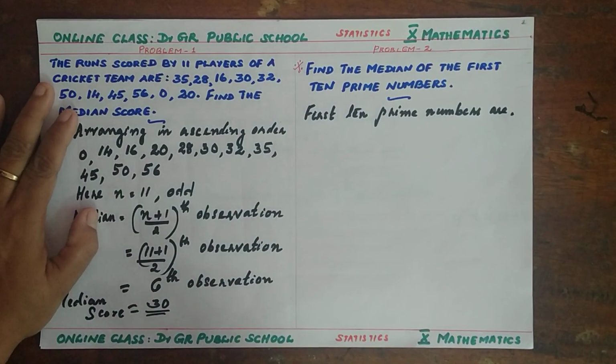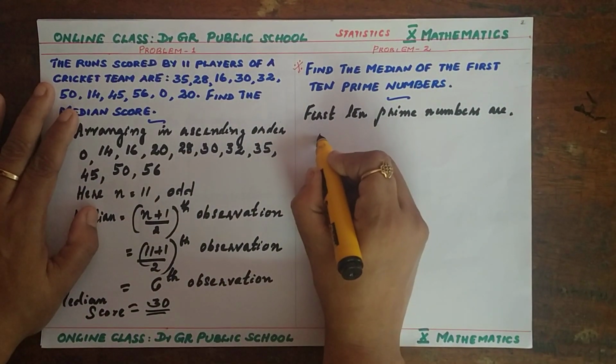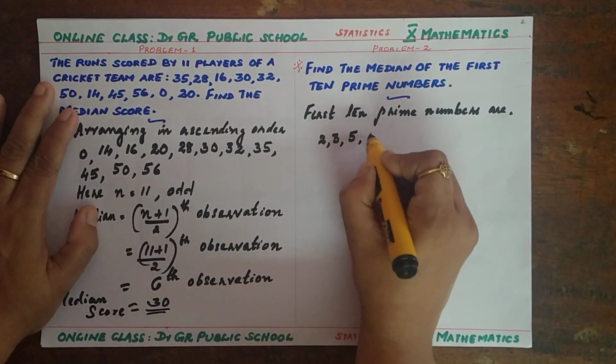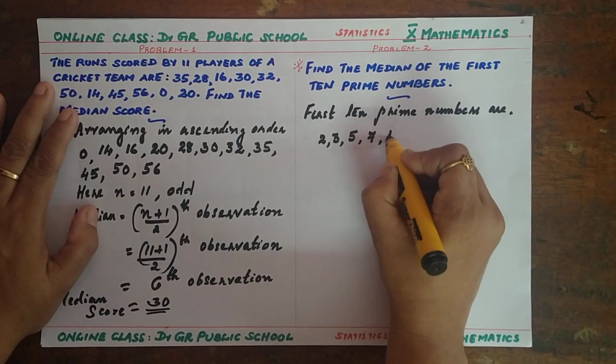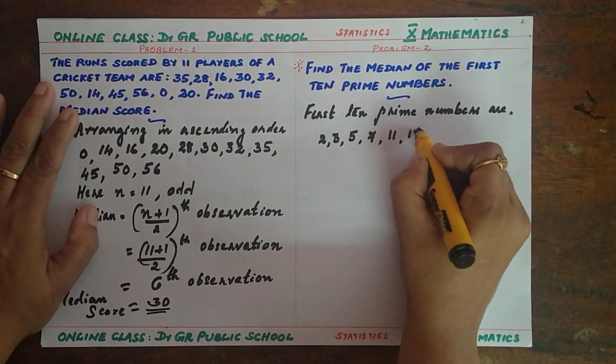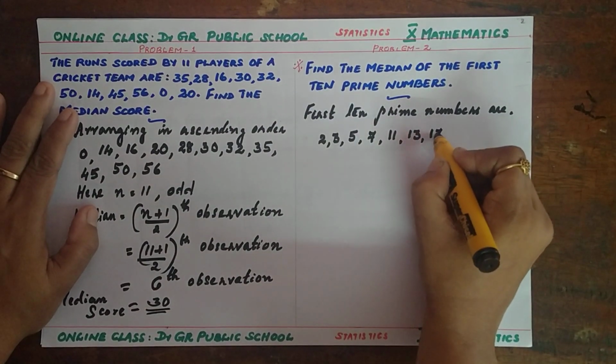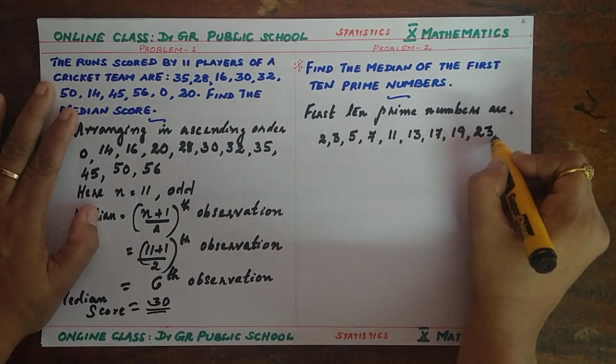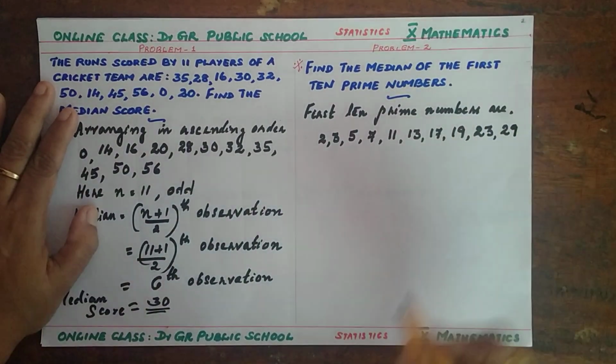We know that one is neither prime nor composite. So 2, 3, 5, 7, 11, 13, 17, 19, 23, and then 29.